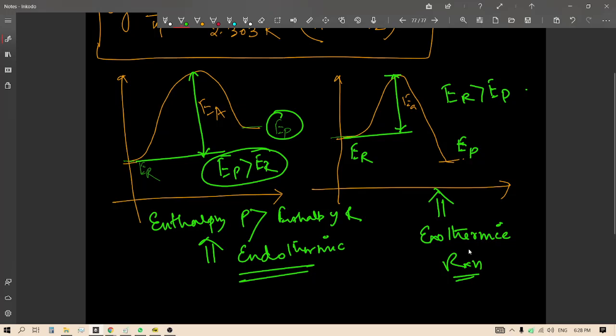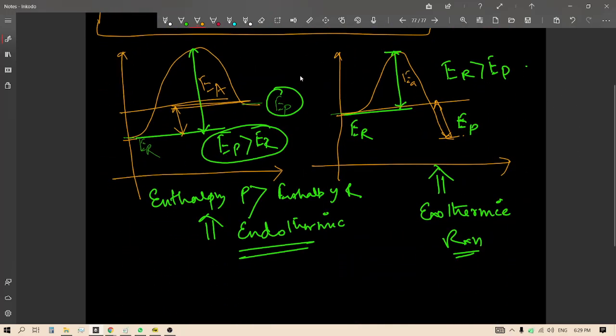And if there are reactions which are neither endothermic nor exothermic, in those cases my level of reactants and products are the same. So this is the last thing to be clarified: the relative position between EP and ER is basically indicative of the type of reaction, and this is the amount of energy which is to be supplied in an endothermic reaction, and this is the amount of energy which is released in the exothermic reaction.